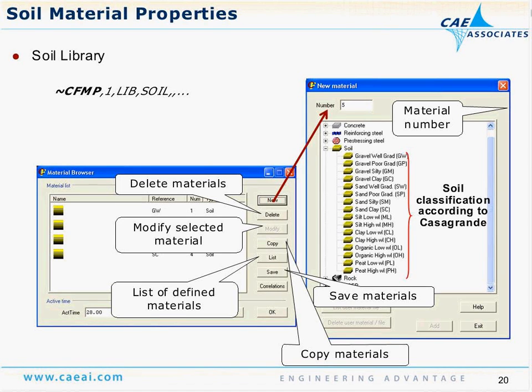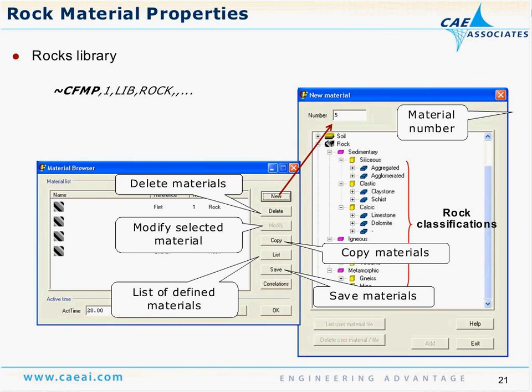When you specify soil, you can see in the details there's a dozen different options, from sand to gravel to silt to clay to peat. And for each of those entities, there is a predefined set of material laws available to be accessed and used in any one of the geotechnical applications within the CivilFEM suite.